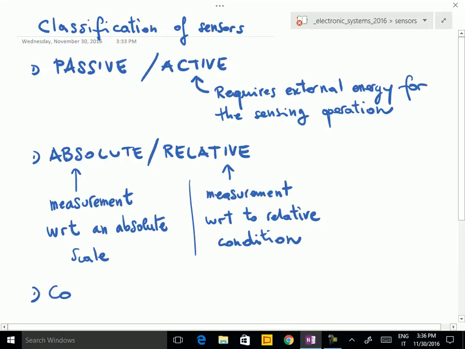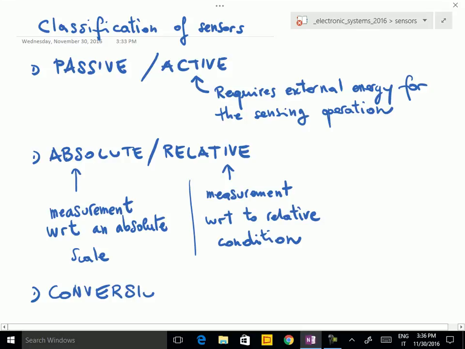And of course, the last thing that I want to enter here in terms of classification, which is actually the most common, which defines typically the name of the sensor, is in terms of the conversion phenomenon, which means the quantity that we want to measure and the type of transduction that we make: how we transduce one physical quantity into another physical quantity.